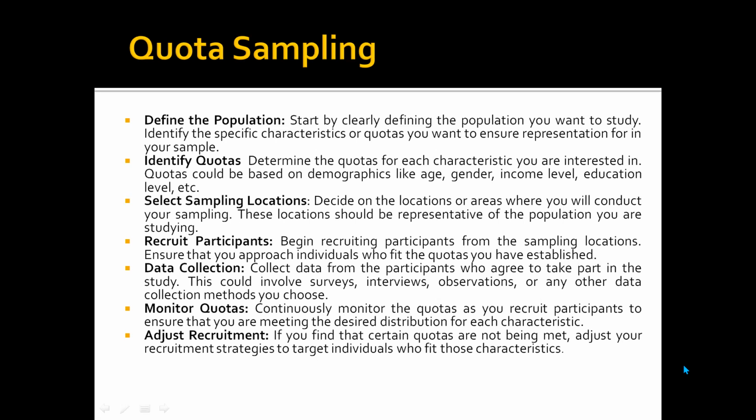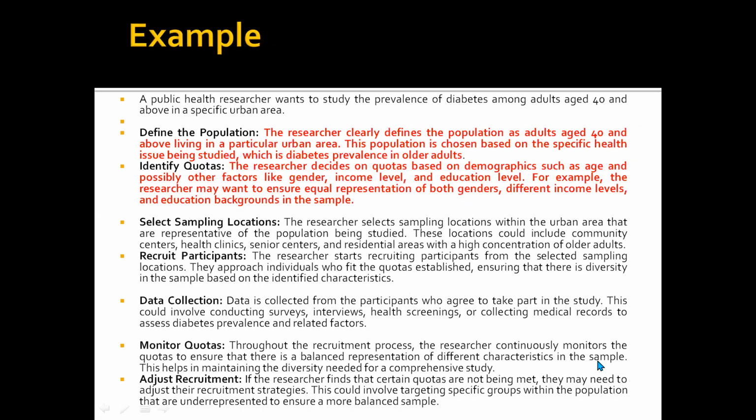While you are collecting data and recruiting, you monitor these quotas to ensure that participants are meeting the desired distribution for each characteristic or quota. If they are not, you can adjust your recruitment strategy to ensure that the target individuals who fit those characteristics are recruited.